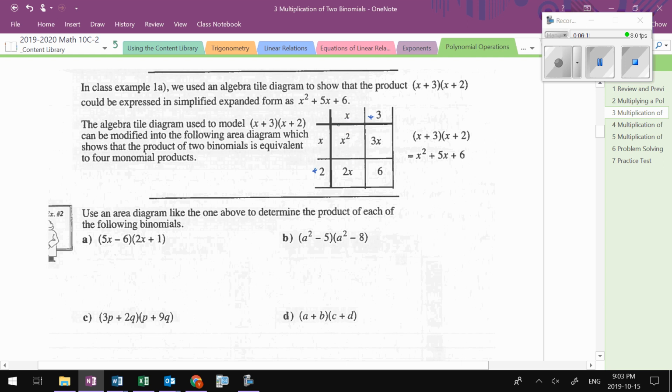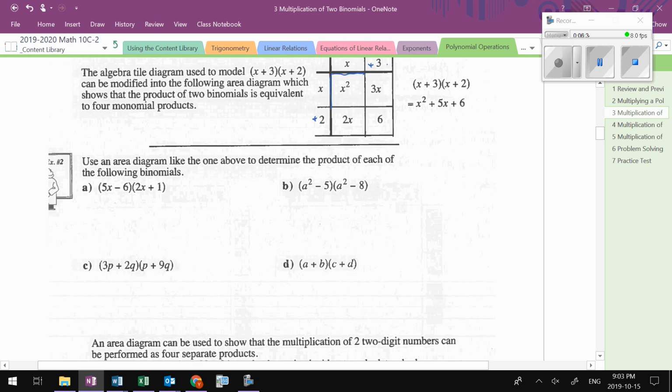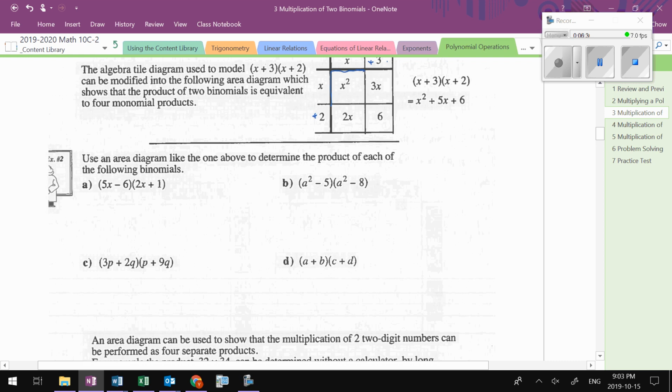Or if you take a look at it as this is the length x and the width x, and therefore we've got an area of x squared, x and positive 2 gives an area of 2x, 3 and x is 3x, and 3 and 2 gives us 6, and so we combine that all together to give us x squared plus 5x plus 6.